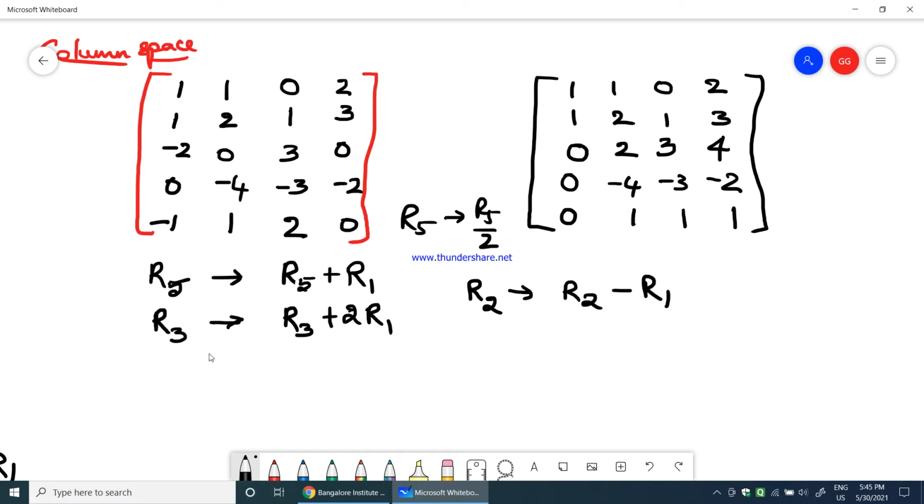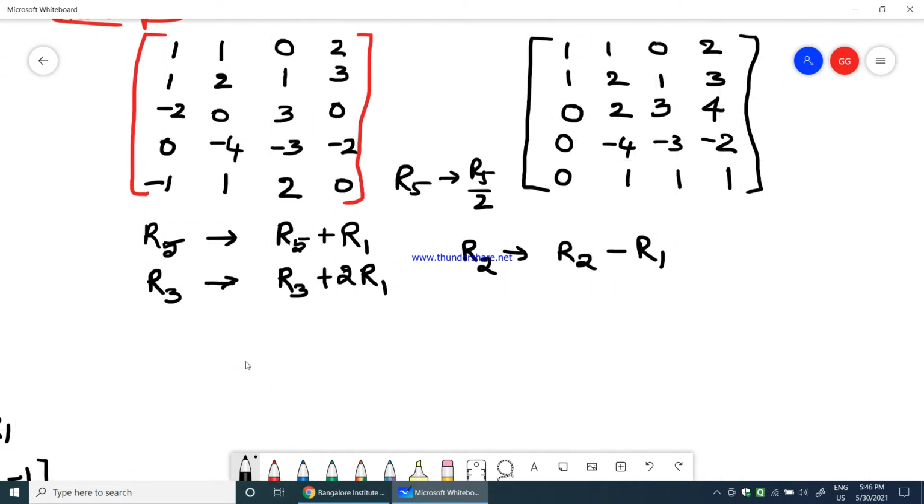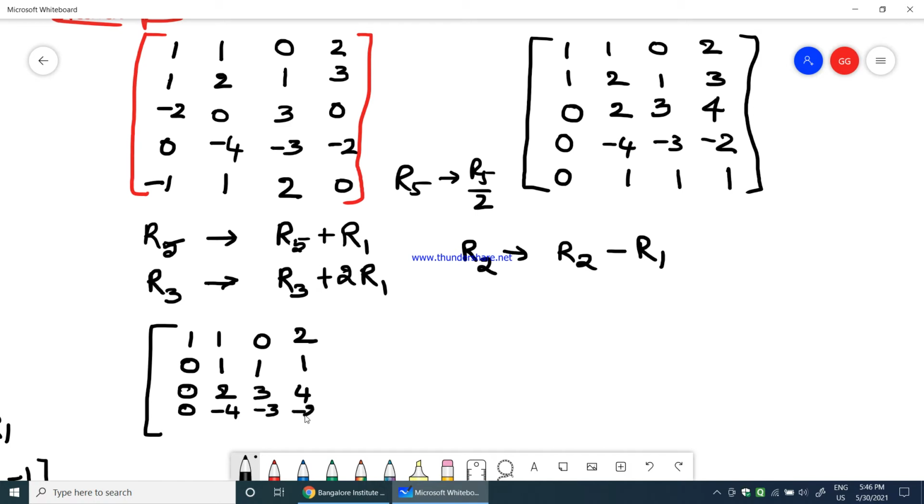So the matrix would be 1 1 0 2. 1 minus 1 is 0, 2 minus 1 is 1, 1 minus 0 is 1, 3 minus 2 is again 1. So this is 0 2 3 4, 0 minus 4 minus 3 and 2, and then 0 1 1 1.